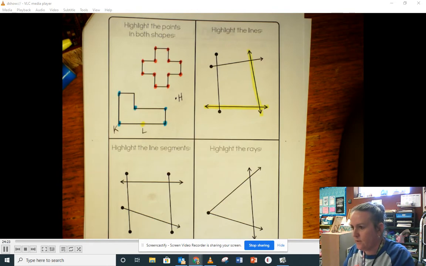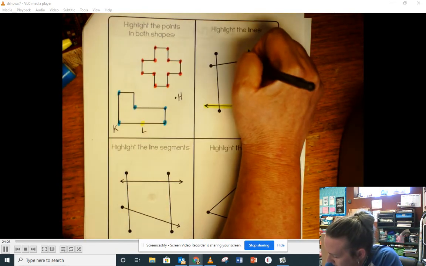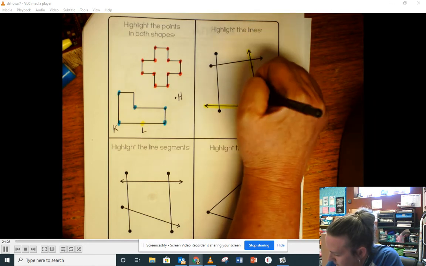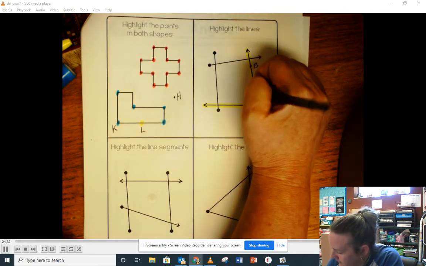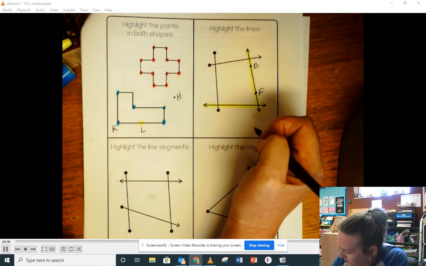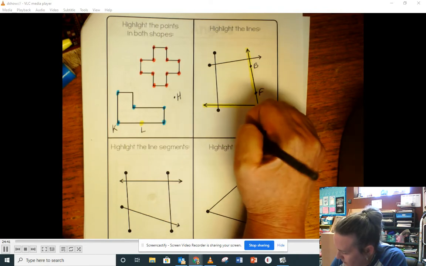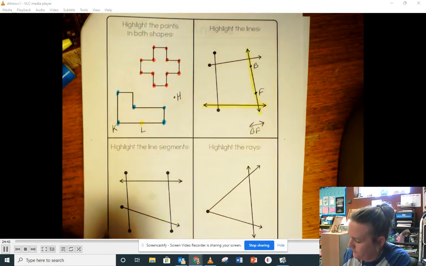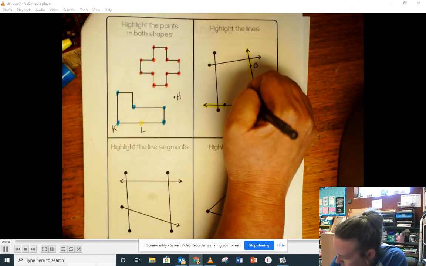And let's give our lines some names. So to name a line, I have to have 2 points. So I'm going to call this line BF. So that is line BF. And this line, you can use any letters you want.